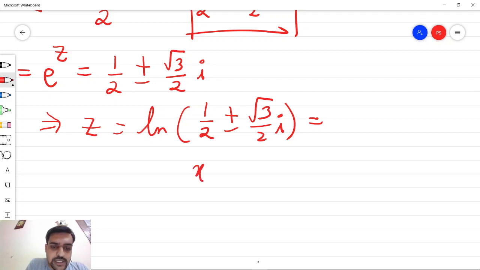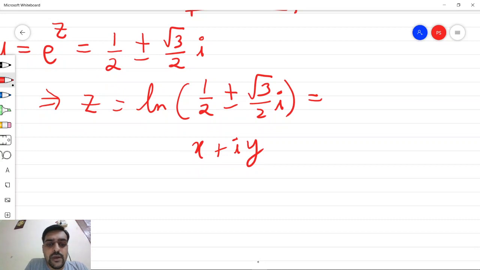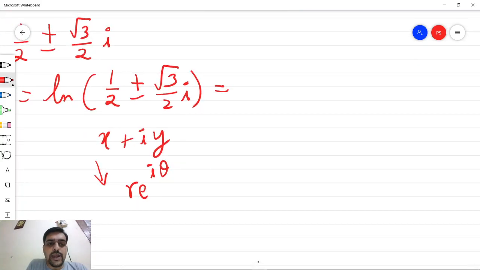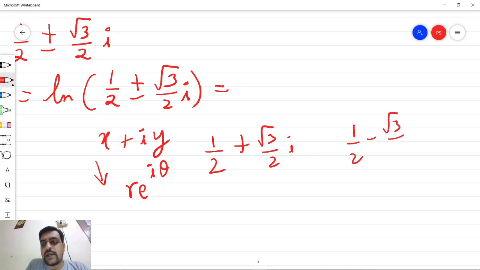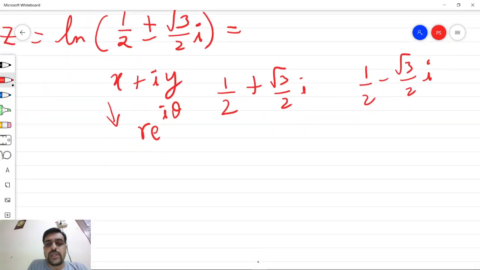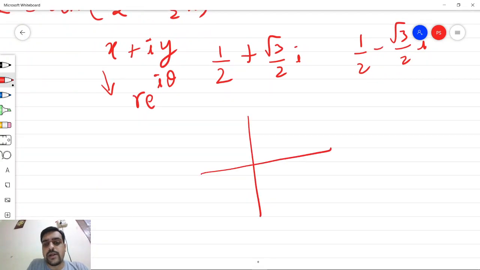Instead of this expression looking in the form of x plus iy, we convert it into r e raised to I theta form. So these are two values, either half plus root 3 by 2i or half minus root 3 by 2i. So in both the cases, we can plot x on the real axis, y on the imaginary axis.